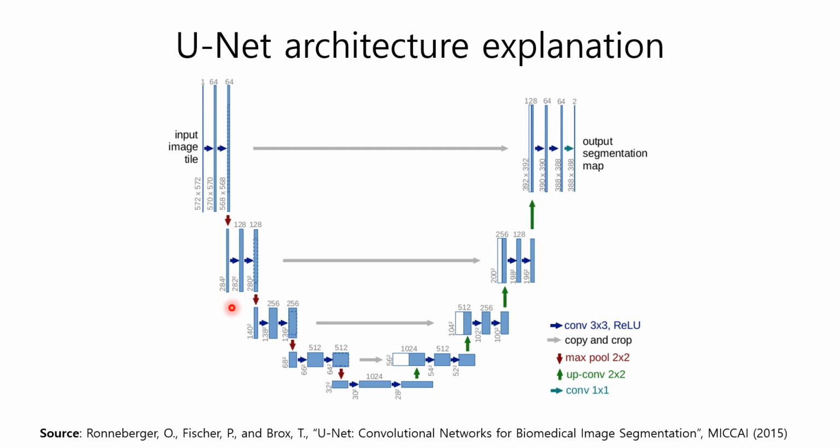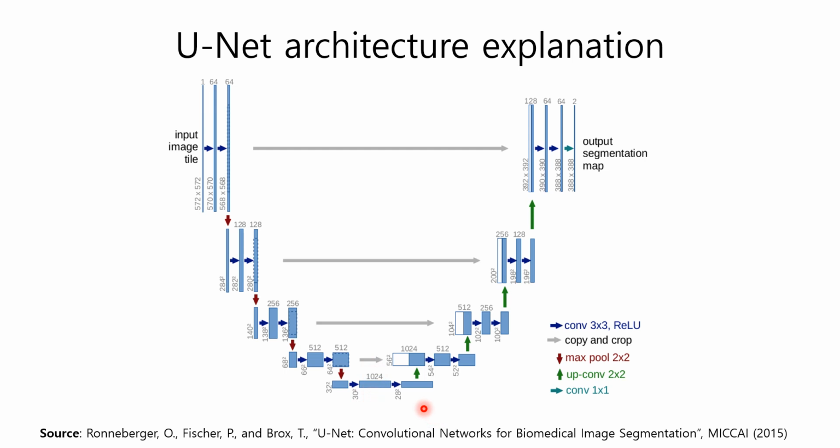Then two convolutions with 128 filters, and again 2x2 max pooling with stride 2, so it halves to 140 by 140. The above process is repeated, two convolutions and max pooling, up to here, which is the end of the contracting path.